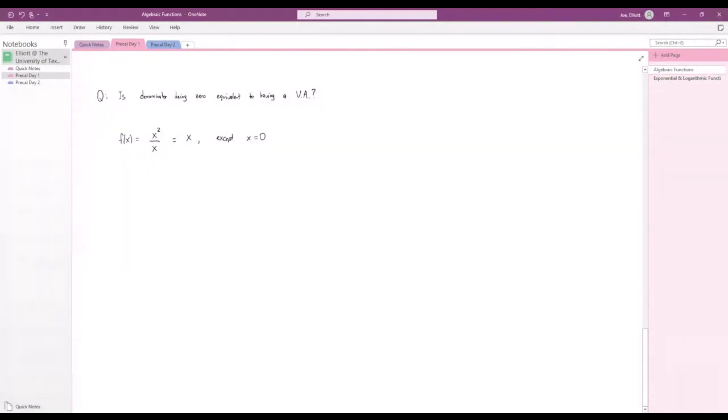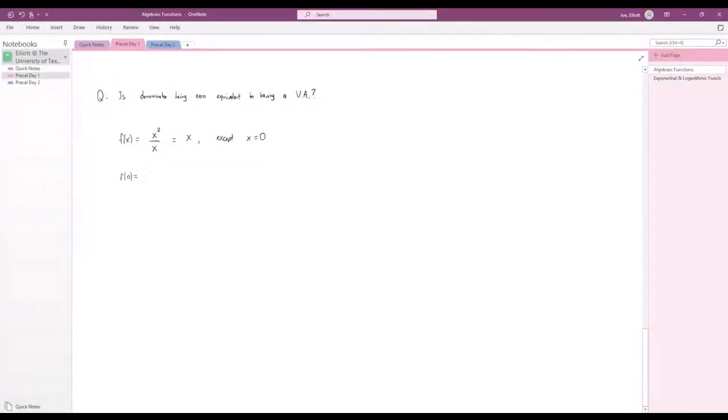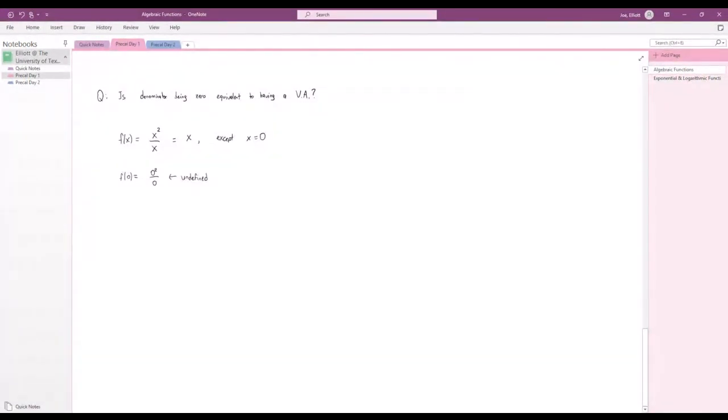Because if you look at the definition of our function, if you try to plug in 0 for x, you're actually going to be dividing by 0, which is no good. So this function x squared over x, its domain is all real numbers except x equals 0.